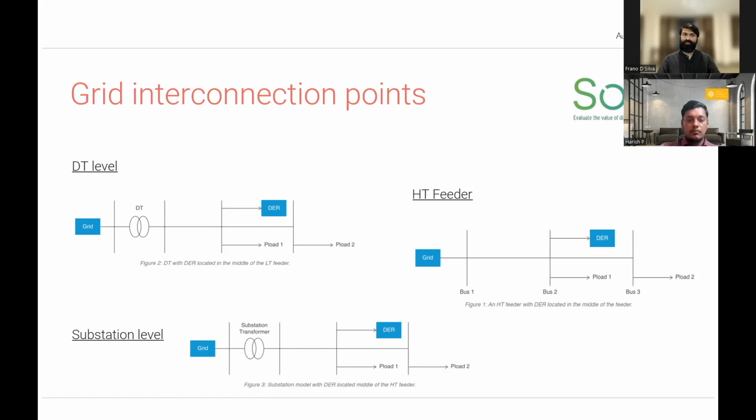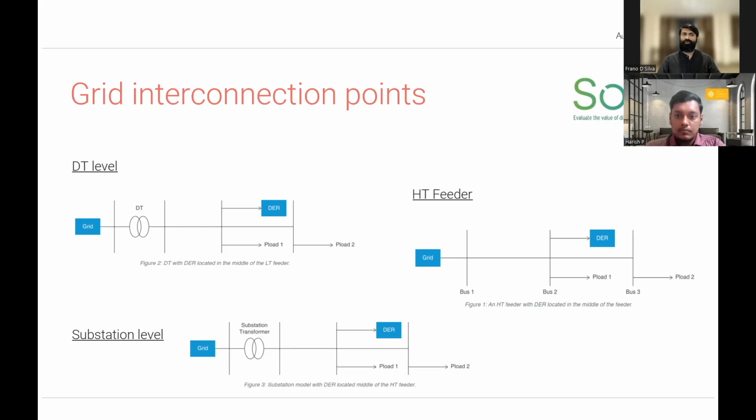The furthest from the substation or from the DT would be the tail end. The closest to the DT or the substation and the feeder in this case would be the sending end. While in the middle, we have an interconnection point called the middle end. When I say DT, I mean distribution transformer. HT feeder is the high tension feeder, and a substation is beyond the feeder level from where the distribution network begins.